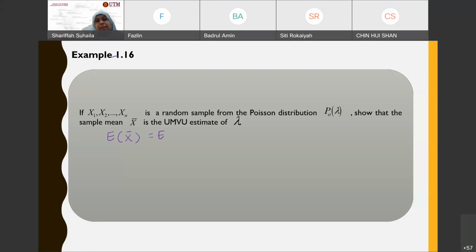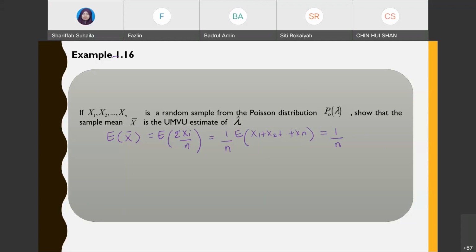So the same concept, E summation xi over n. Kita ada 1 over n, and then you will have x1, x2, xn. So again, kat sini, properties for expected value 1 over n. So splitkan EX1 plus EX2 plus EXN.